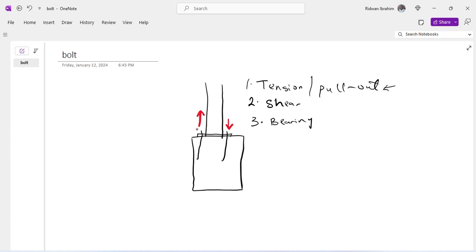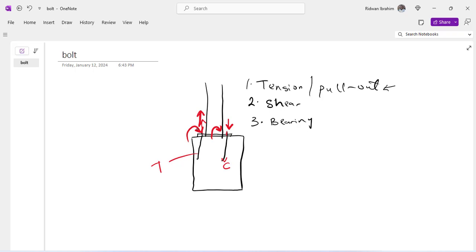It is very easy. When you apply a moment on this UC column, just imagine you are trying to rotate it. Then you should expect this bolt here to want to go up, and this bolt here to want to come down. So this bolt is in tension, and this bolt will be in compression.